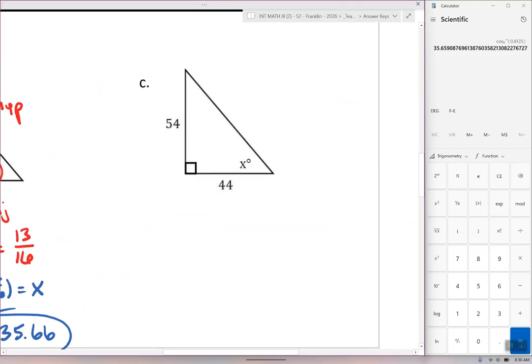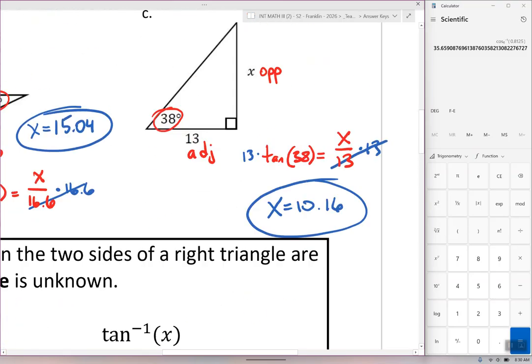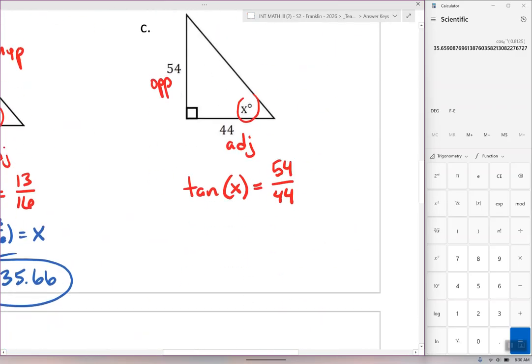Last one here, looks like we have the adjacent side and the opposite side to my reference angle. So I'll be using tangent. And the tangent of x is 54 over 44. The opposite side over the adjacent side, right? That's that TOA part, way up here. Okay, so let's use our inverse tangent function.